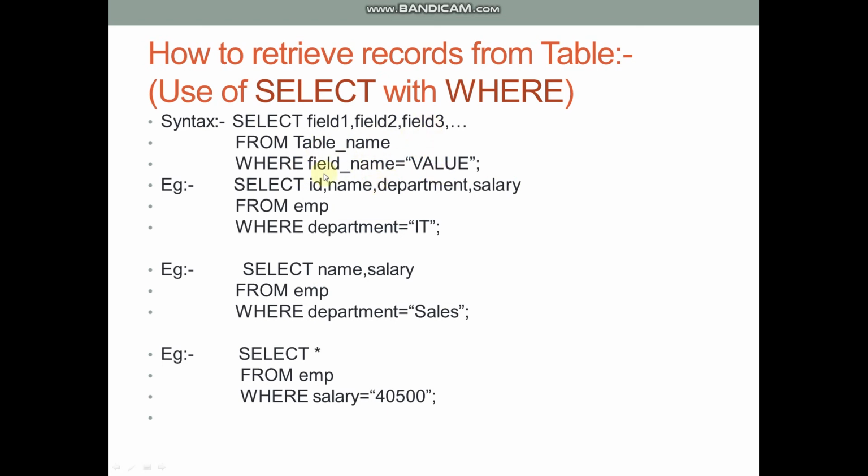The where clause always has a certain condition. It may be like field name equal to this, or salary equal to a particular salary, or salary greater than or less than a particular salary. In this way select, from and where are combined to filter data according to the requirement of a user.